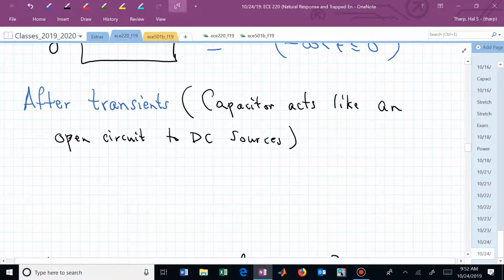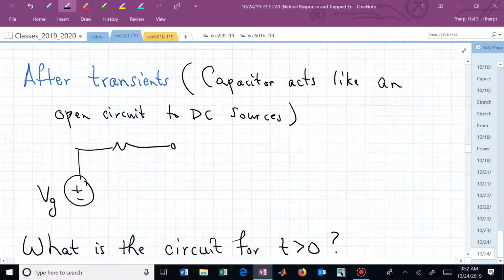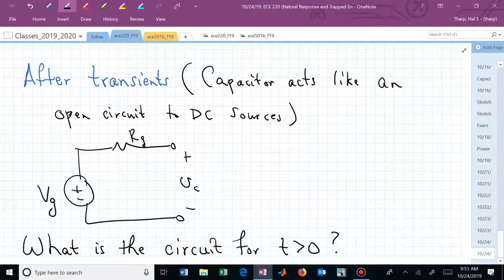And that now allows us to redraw that and say, oh, we actually have this circuit. And on this one we can write KVL.